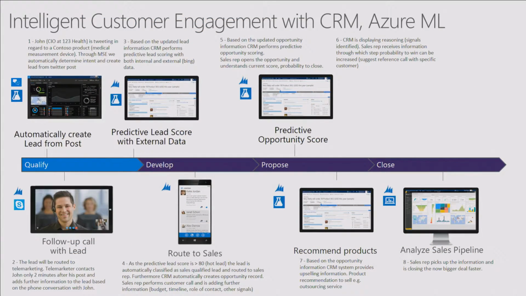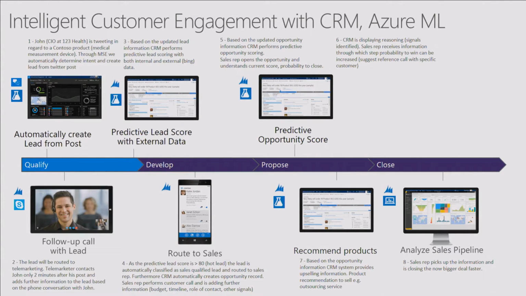So essentially what we have over here is an example of customer engagement for a sales person, and how machine learning and the analytics capabilities that we have out of the box in the system help with the productivity of the salesperson, help with the revenues uptick.